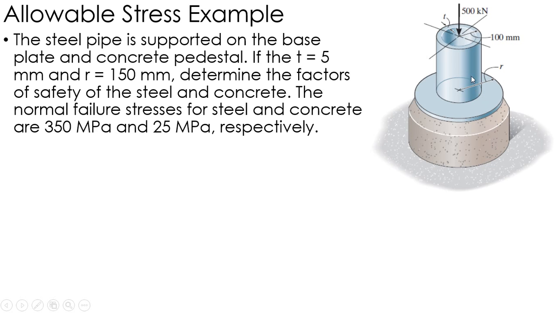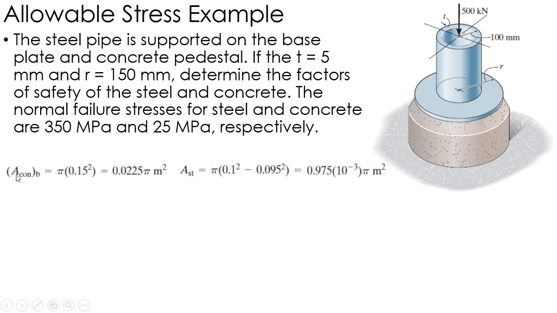I'm looking at the interaction between the pipe and the base plate, and then the base plate and the concrete pedestal. So the first thing I need to do is figure out those areas, between the pipe and the base plate, and between the base plate and the concrete.